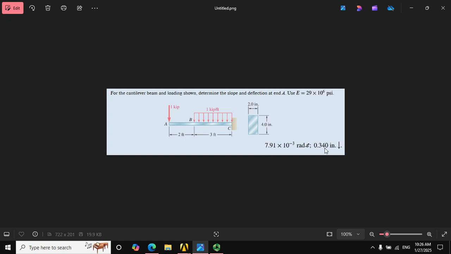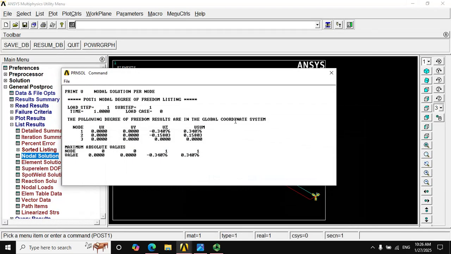You see 0.340, the manual solution has 3 significant figures, which is matching. The magnitude is reported here; that's actually the vector summation of ux, uy, and uz. At point 2 or point B, we have 0.158. The problem was not asking for that.